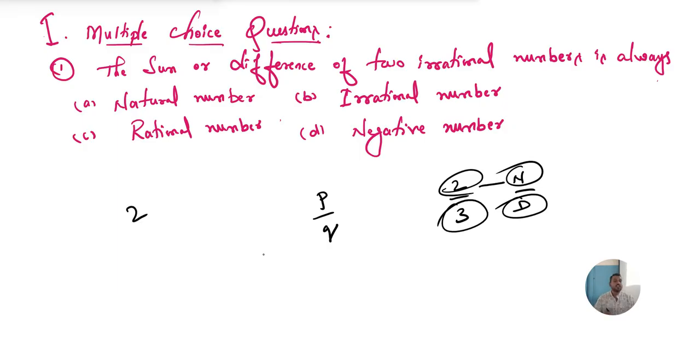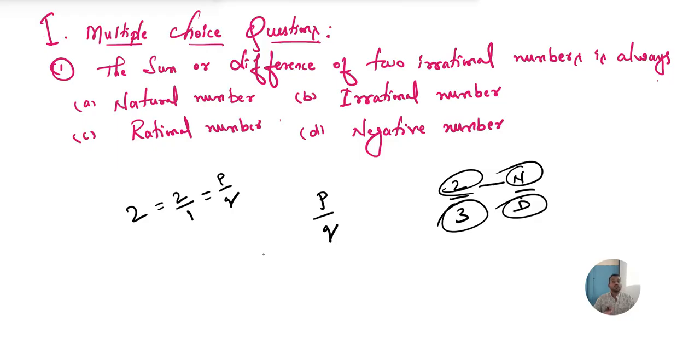Can we write 2 as rational? Of course, because 2 can also be written as 2 by 1. If nothing is in the denominator, you have to assume there is 1. As you can see, this is in the form of P by Q. The value of P is 2 and the value of Q is 1.